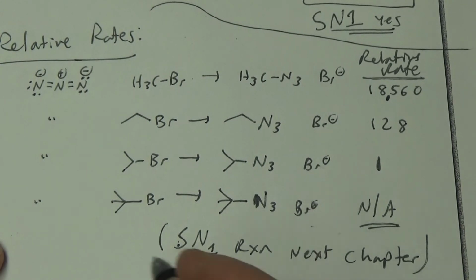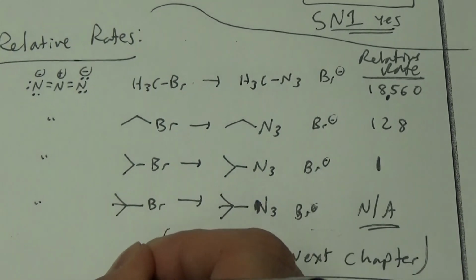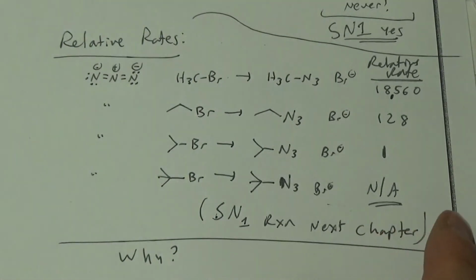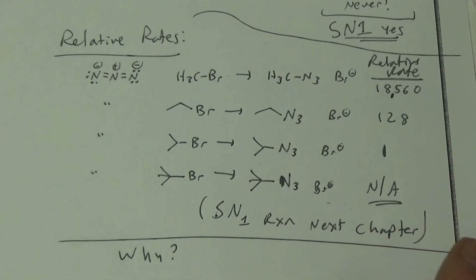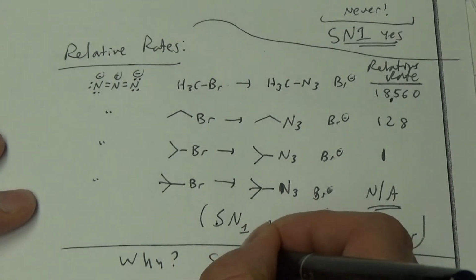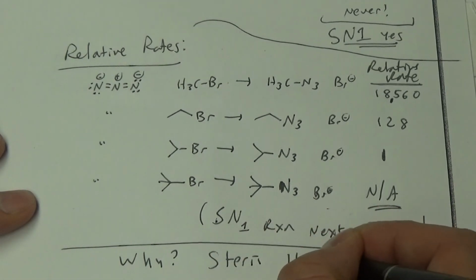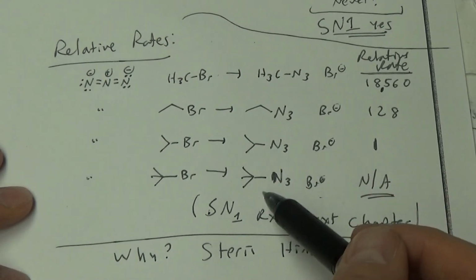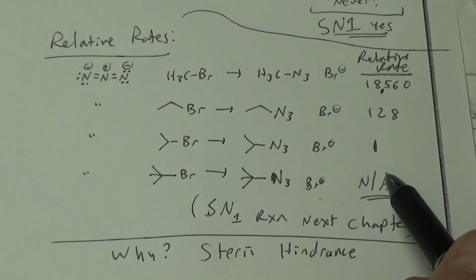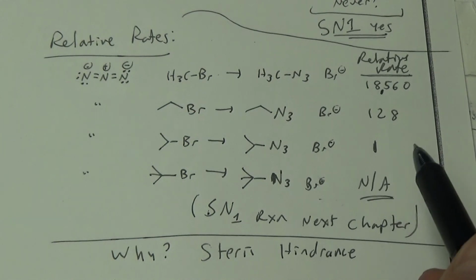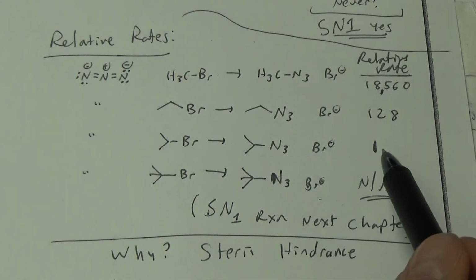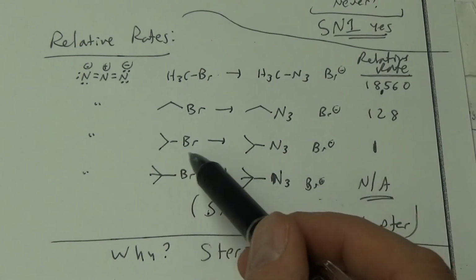Okay. So why do we see the rates above? That's pretty obvious. It's all steric hindrance, right? As you get more and more sterically hindered, it's slower. Or you could say if you have less and less steric hindrance, it's faster. So this is kind of sterically hindered with a secondary.